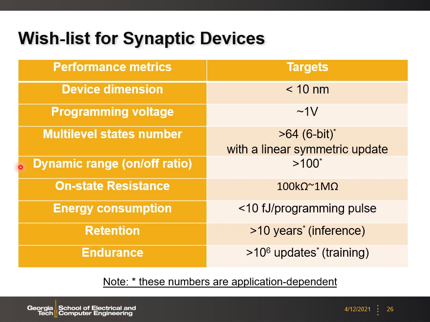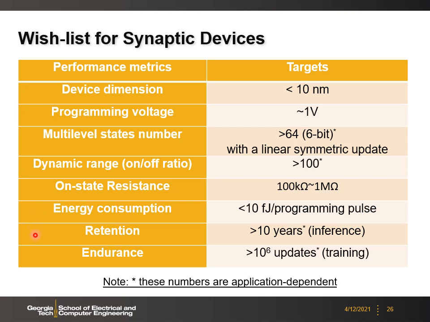And then the device dynamic range or on-off ratio should be larger, let's say 100. The device on-state resistance is preferred to be in the range of 100 kilo ohm to 1 mega ohm to minimize the read dynamic energy and maintain reasonable readout speed. The device energy consumption for programming should be less than 10 femtojoule per pulse.